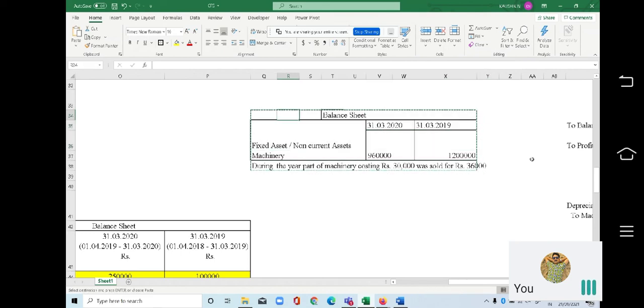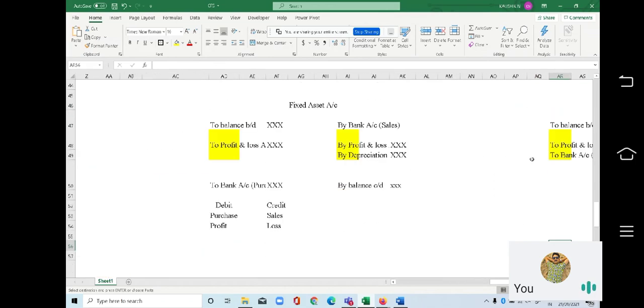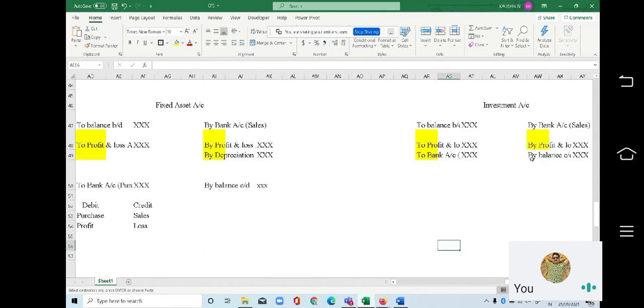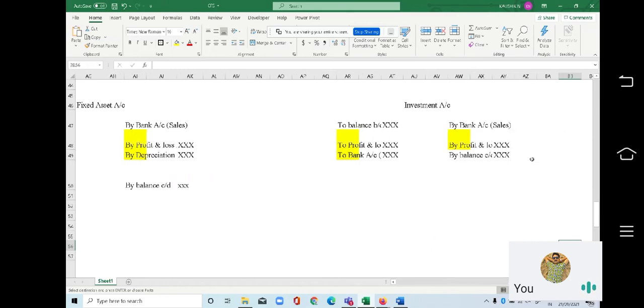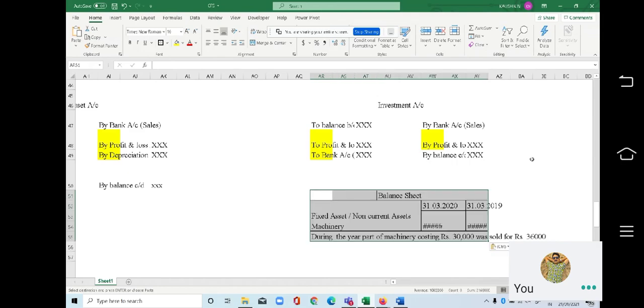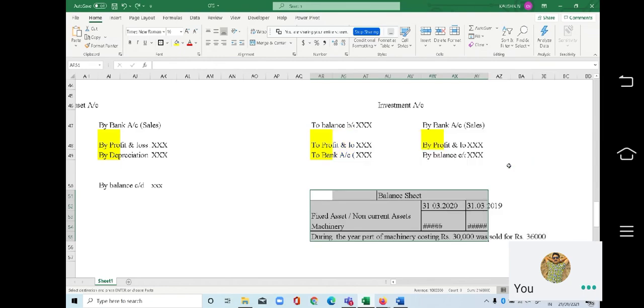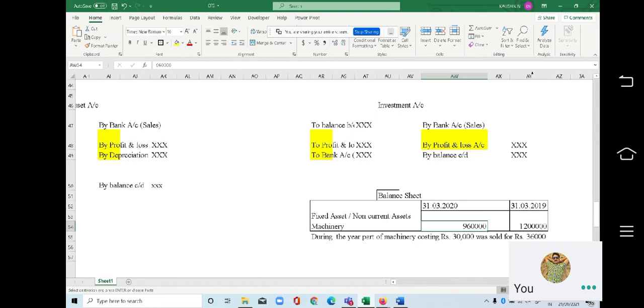Just like this, we'll take one value. It is given over here that, instead of machinery, it is going to be investment.